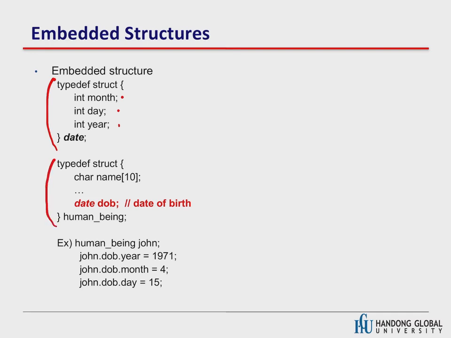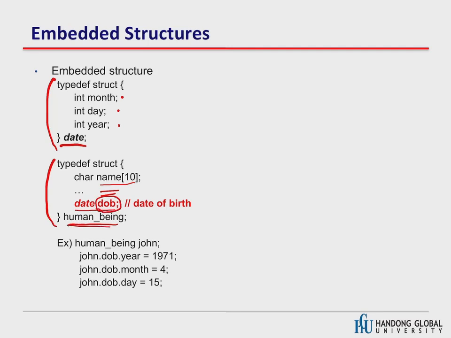And now, in this structure, we have a name for this human being, and we have another data field, and we can have date of birth as a data field. And date is a new data type here, which is a structure. So we can have a structure instance as a member, so date of birth.